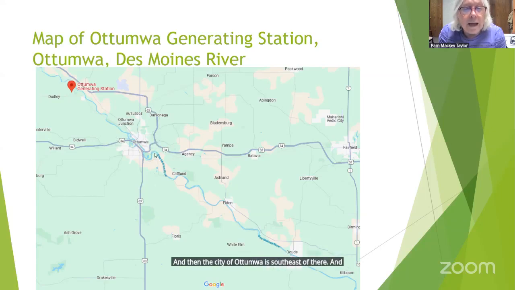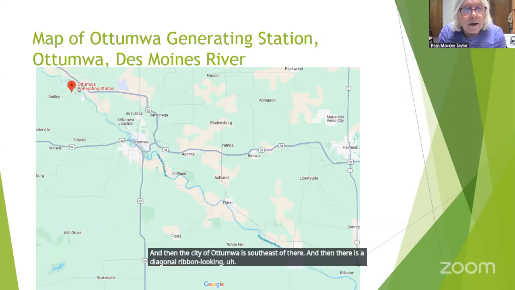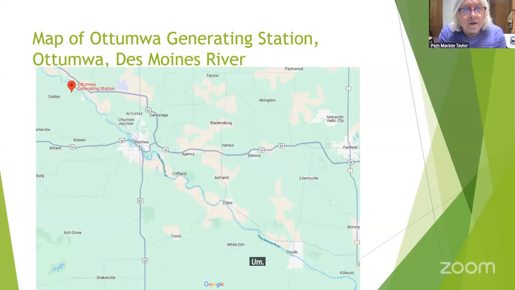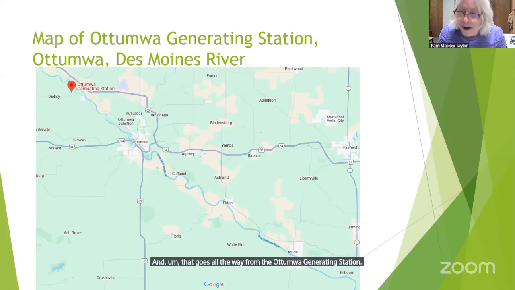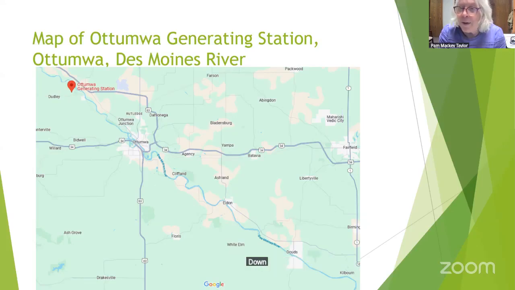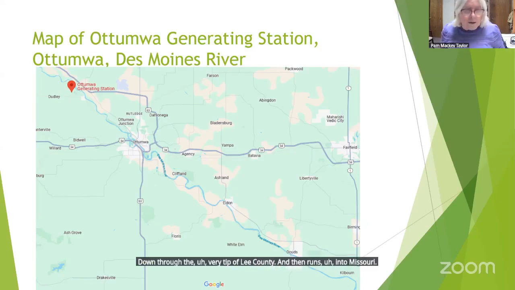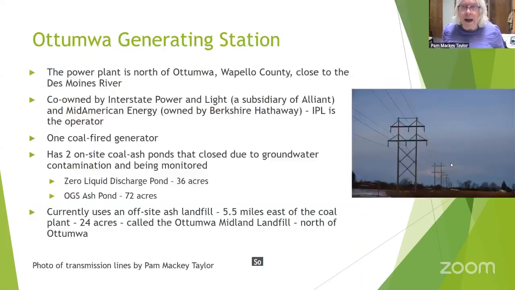And then there is a diagonal ribbon looking, it's almost like a ribbon that is the Des Moines River. And that goes all the way from the Ottumwa Generating Station down through the very tip of Lee County and then runs into Missouri.